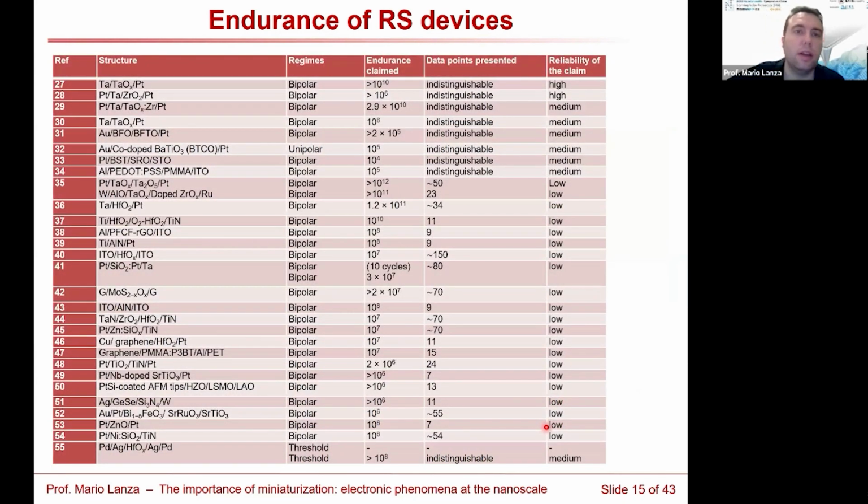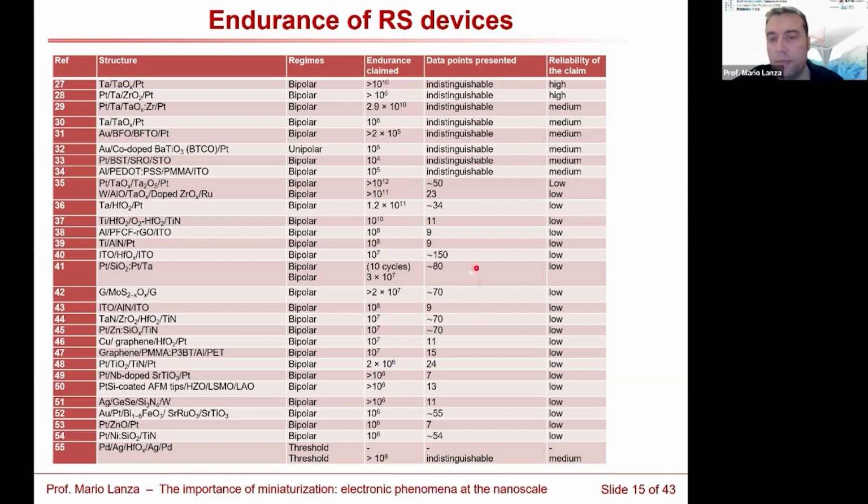However, if we check academic papers, we will see that in this material, for example, taking the example of metal oxides, people report endurances that are much higher. You see, much higher.